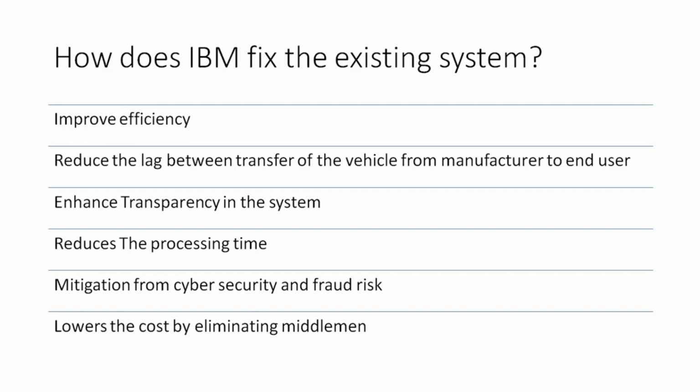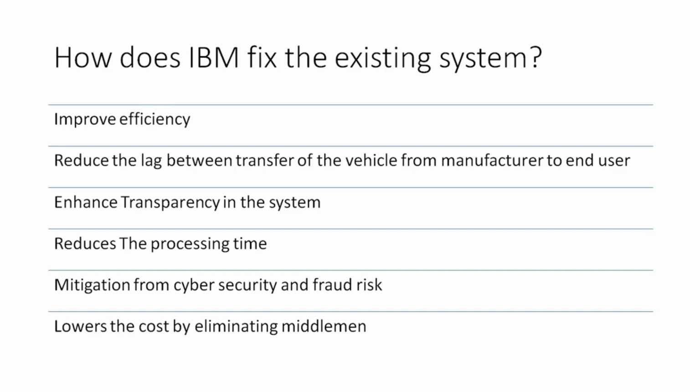Then you're protected from cybersecurity and fraud risks. Like we mentioned, it's a safe and secure system. The chances of fraud occurring are really rare because it is economically unviable. And finally, it reduces any kind of middlemen who are involved in this paperwork and verification process.